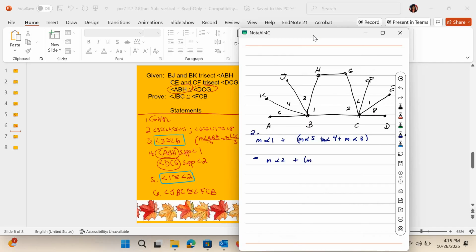So the statement is this. Let me just put an unnecessary piece of information, but this is where I'm getting this from, is equal to 180 degrees.